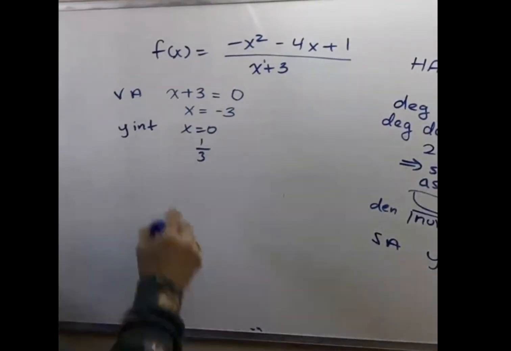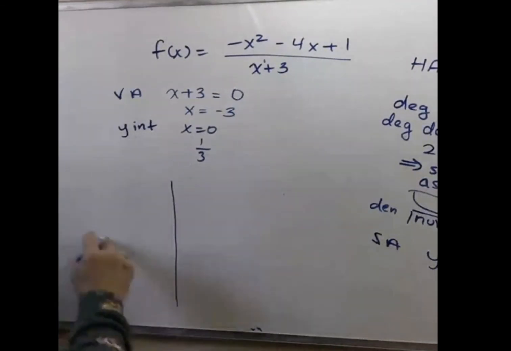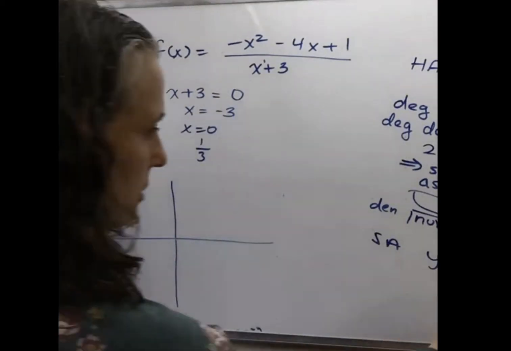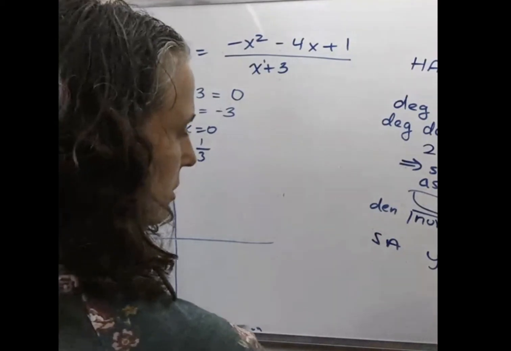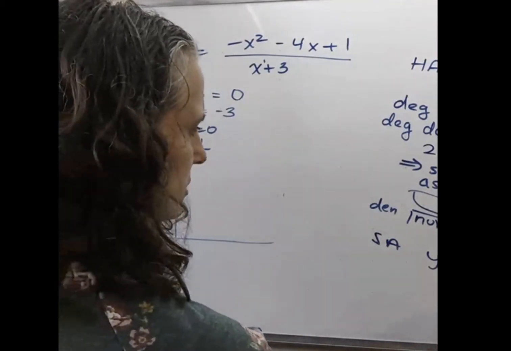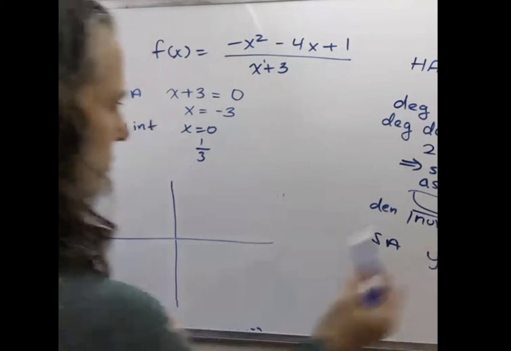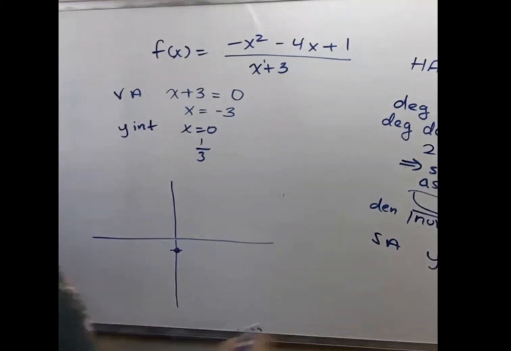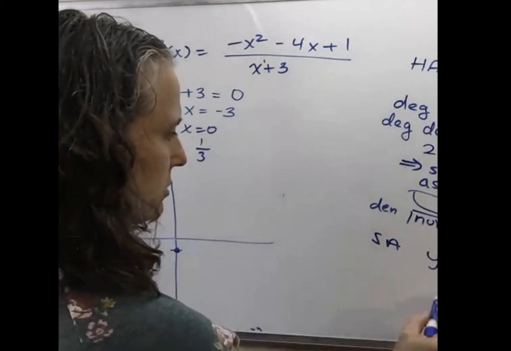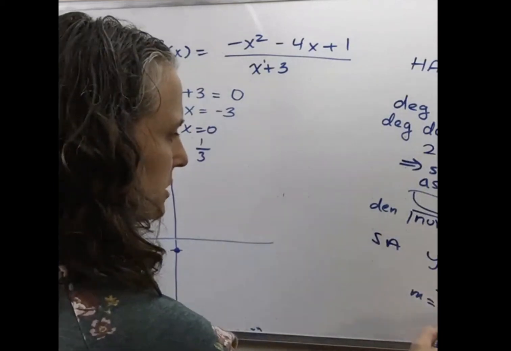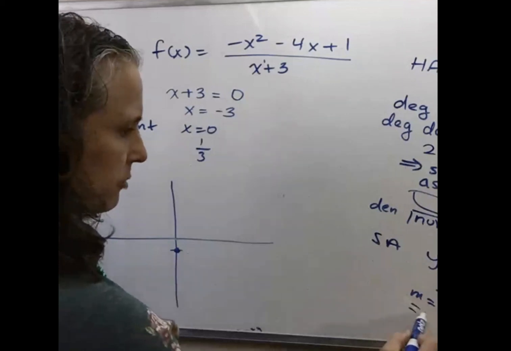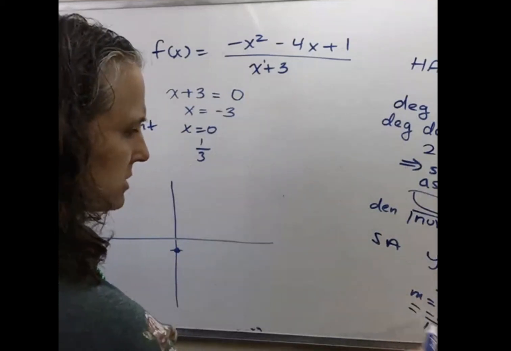So I know that I have a slant asymptote of negative x minus 1. So the negative 1 tells me that the y-intercept of that line is negative 1, and that's the first thing I do. So I plot the y-intercept. And then the second thing I do is my slope is negative 1. So I'm going to think of that as maybe negative 1 over positive 1.